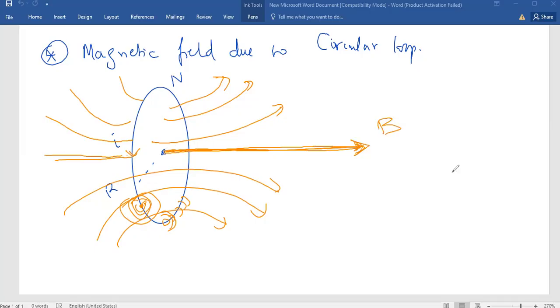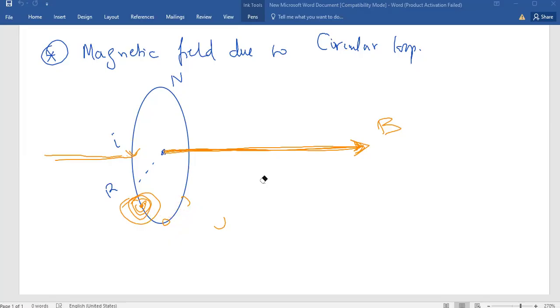We will take this as magnetic field lines. Is it okay? Yes, sir. So we will not take all these complexities, even though it is complex. We will take magnetic field only along the axial line.